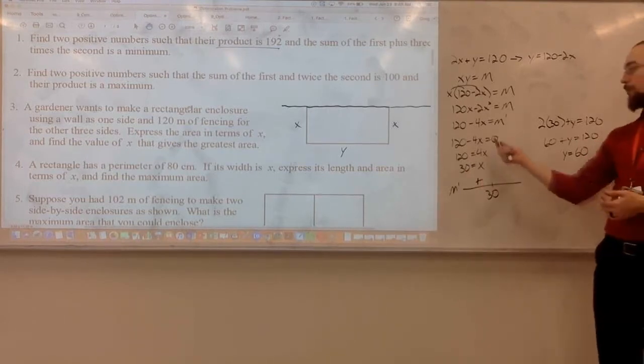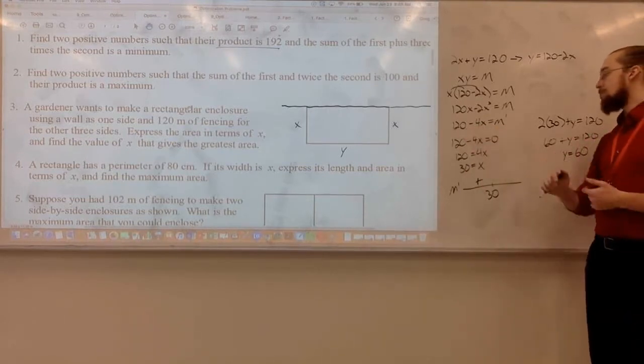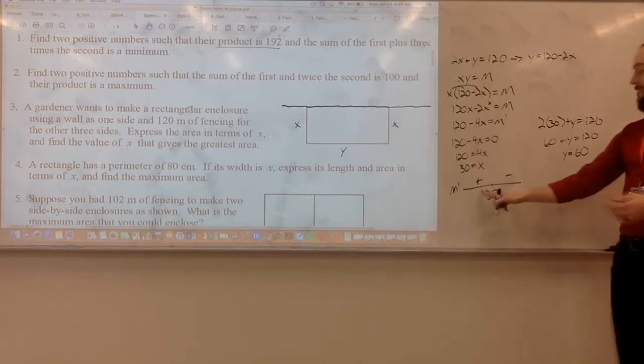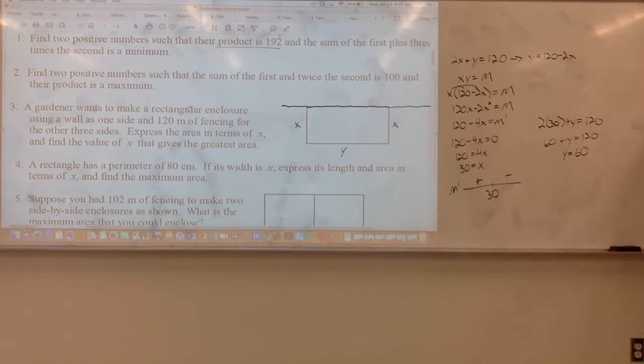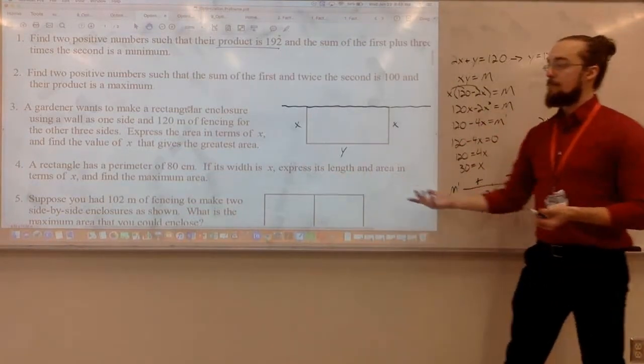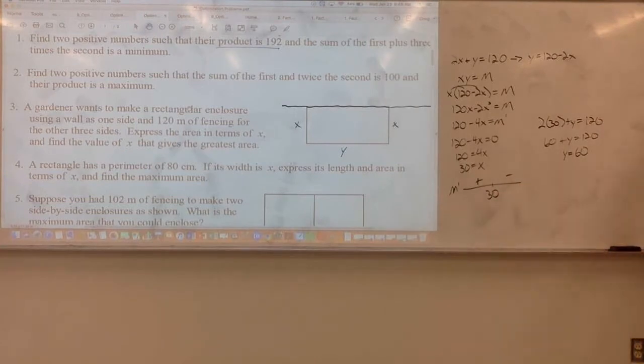If I choose a number greater than 30, 120 minus 4 times 50, right? That's going to be a negative number. So if I'm changing from increasing to decreasing, that does give me a maximum. So that is what we want. Greatest area means maximum. So 30 is a max. So then we would plug our value in and get 60.